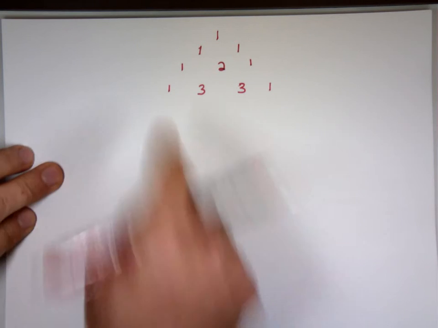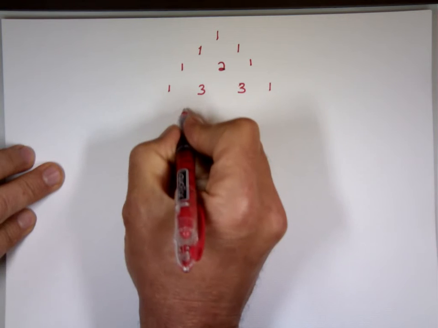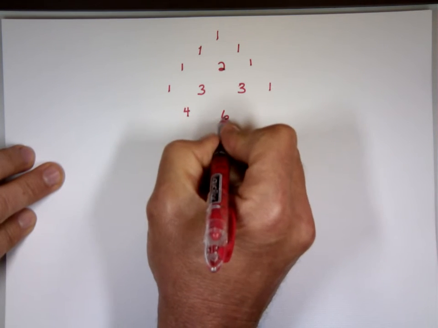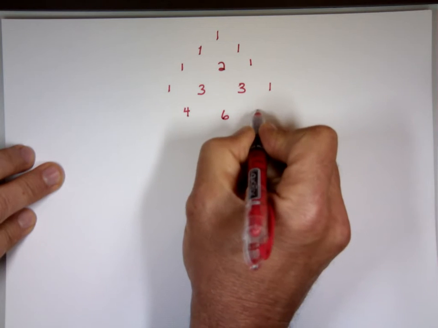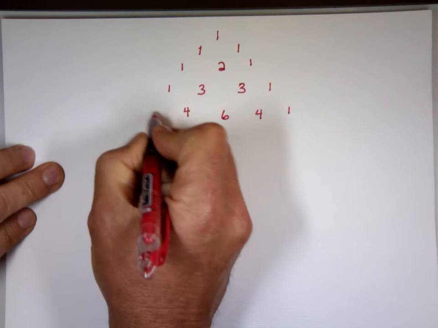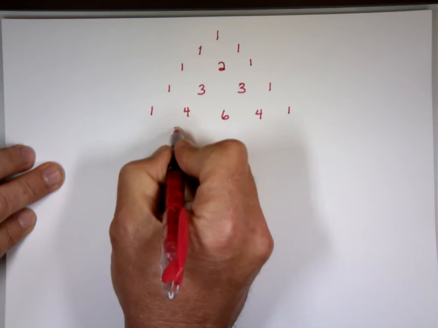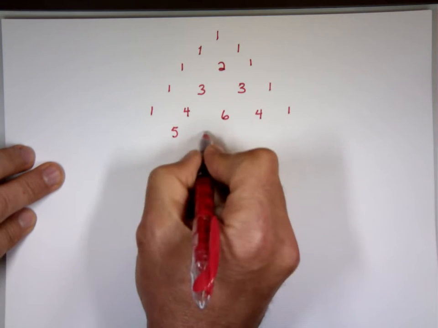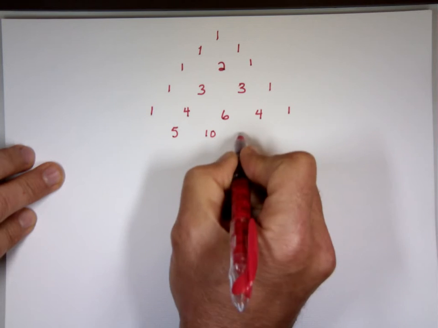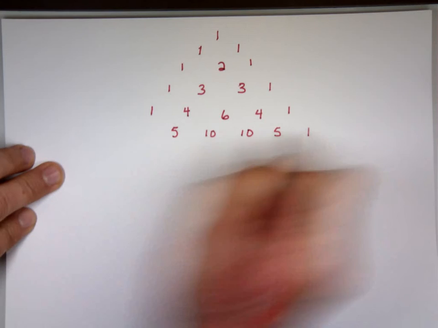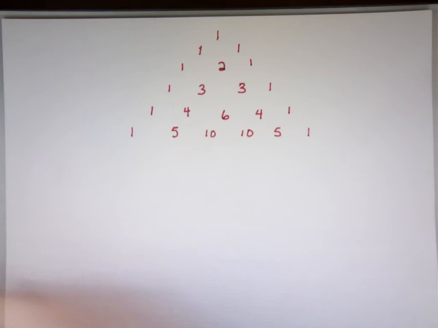What's 1 plus 3? 4. What's 3 plus 3? 6. 3 plus 1? 4. 1's on the outside. 1 plus 4? 5. 4 plus 6? 10. 6 plus 4? 10. 4 plus 1, 5, 1's on the outside. And you keep going as far as you want to.